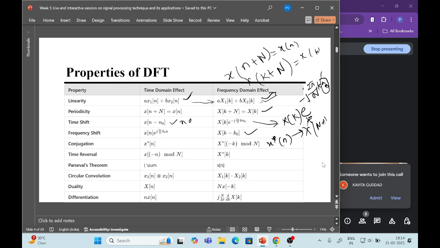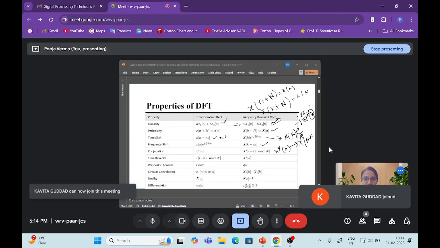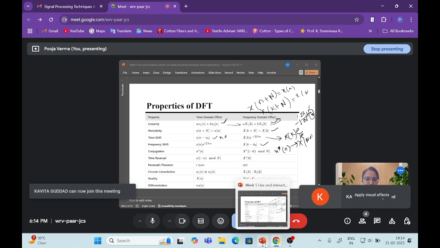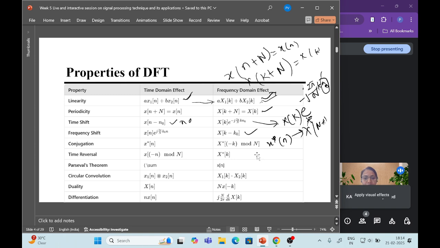Next, if there is a convolution in the time domain, then similarly it will be a multiplication in the frequency domain.